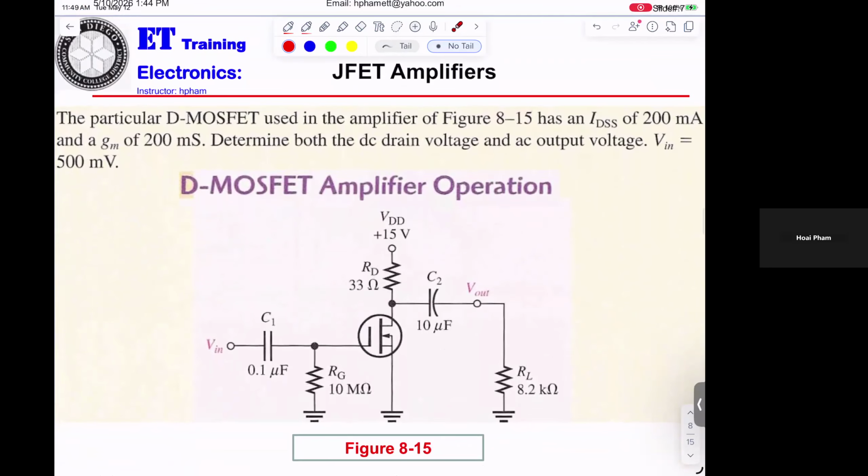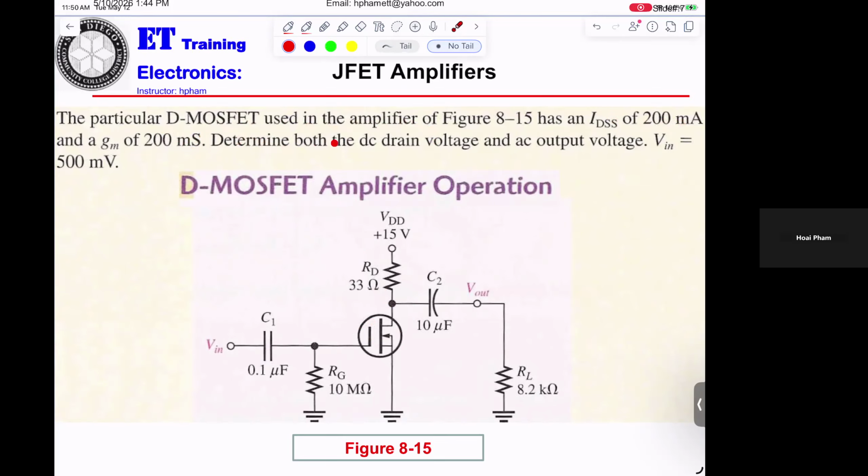Now, the MOSFET amplifier operation. You know that the MOSFET in this figure here has IDSS of 200 milliamp and GM of 200 millisiemens.